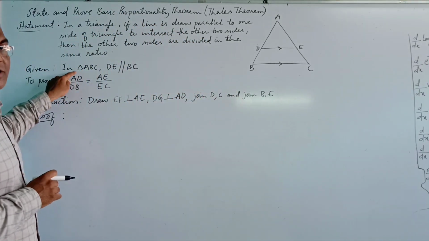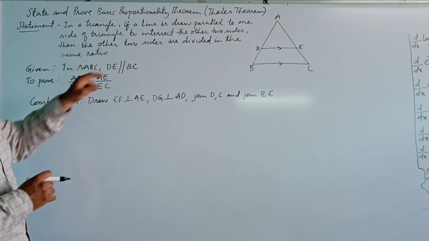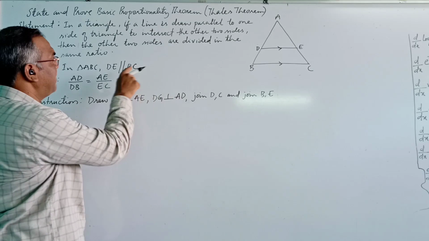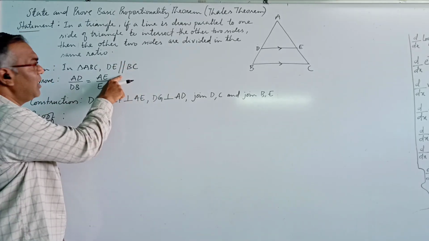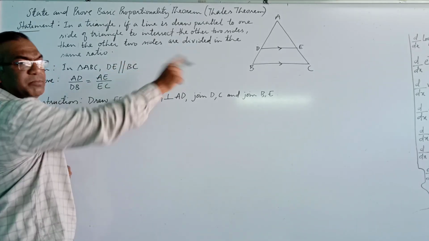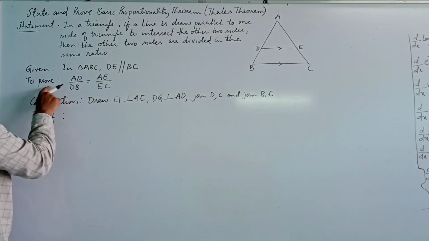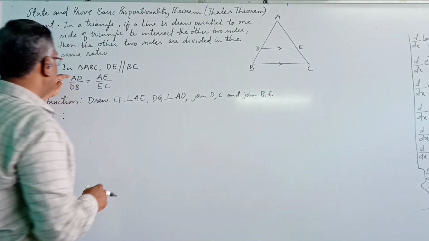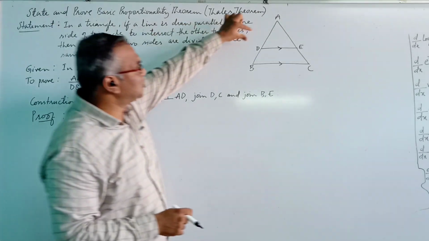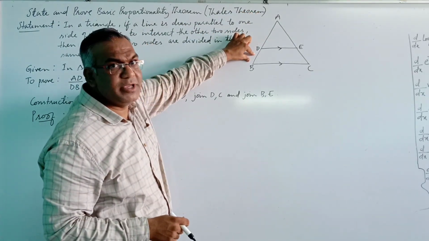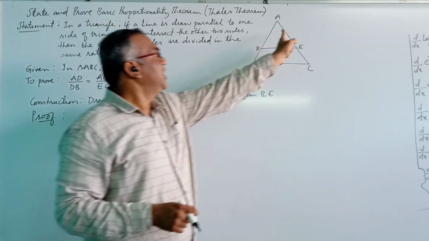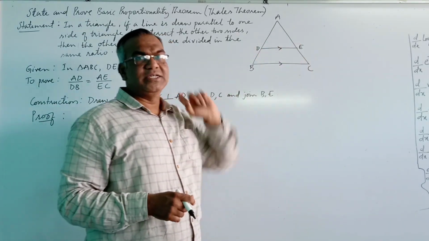So I have written here what is given in the statement. In this triangle ABC, DE is parallel to BC, this is the symbol of parallel. This is given. And to prove, we have to prove that the ratio AD by DB is equal to the ratio AE divided by EC.